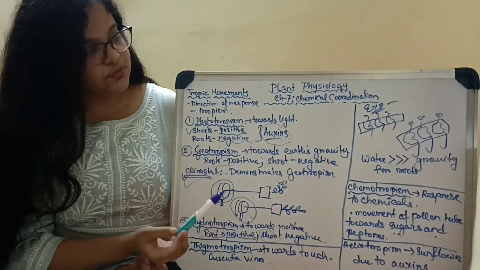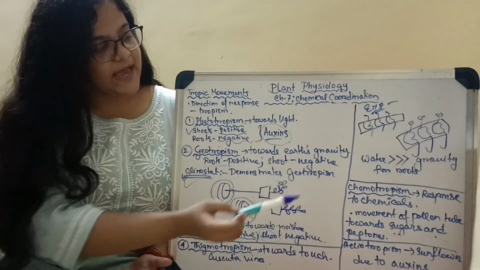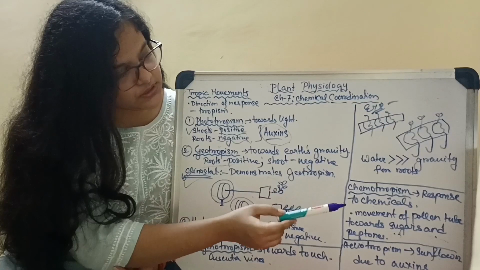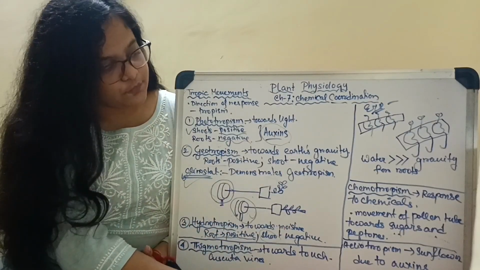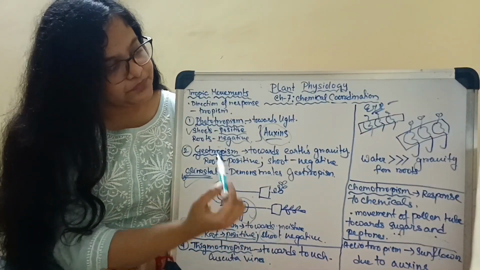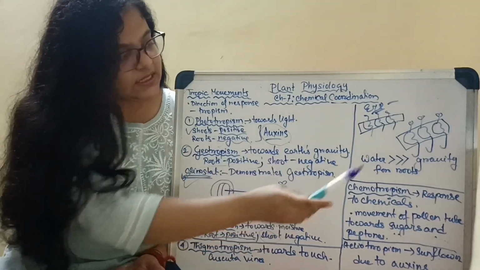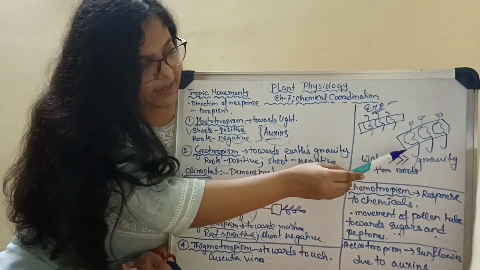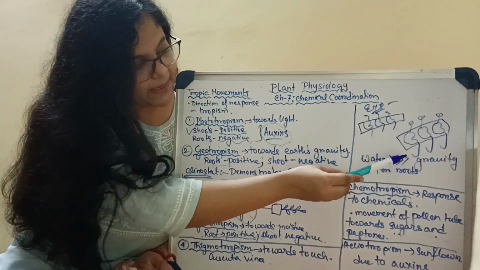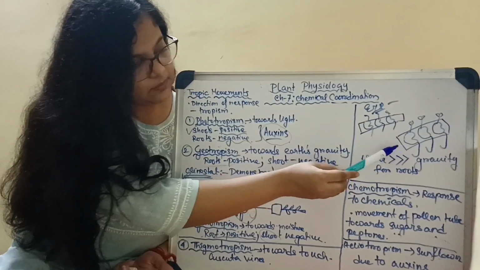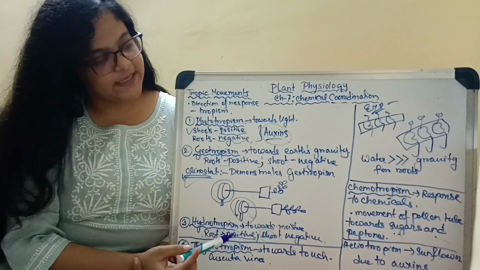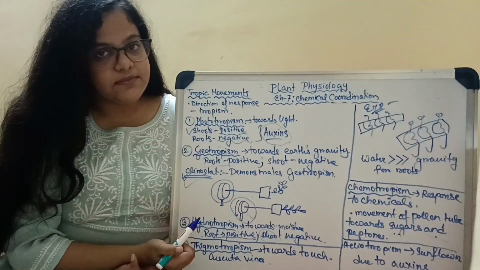But after a few more days, what we will see is that the shoots will continue to grow upwards due to the negative geotropism. But the roots will curl up and tend to grow back towards where the moist sawdust is kept. What does that mean?